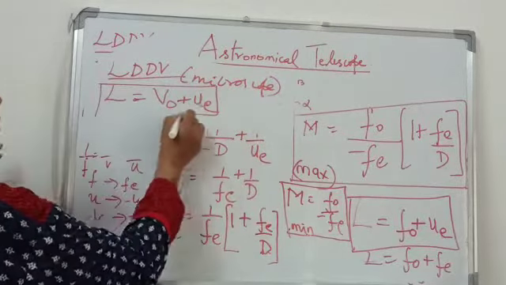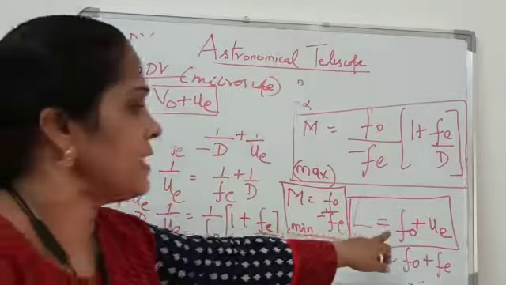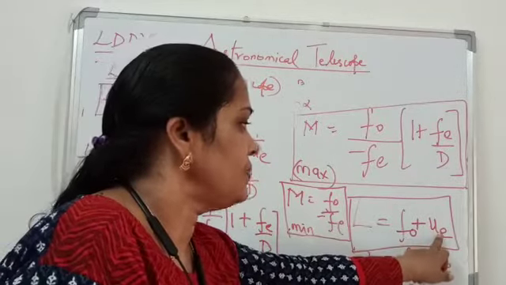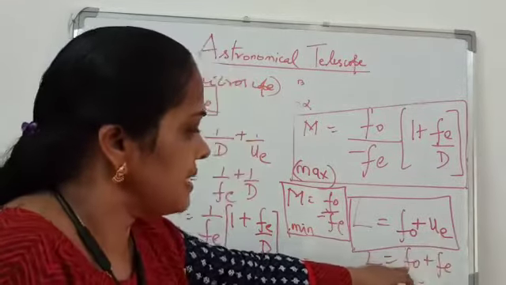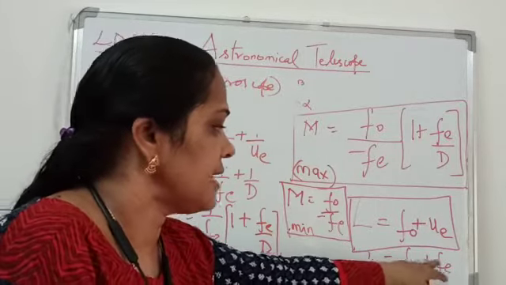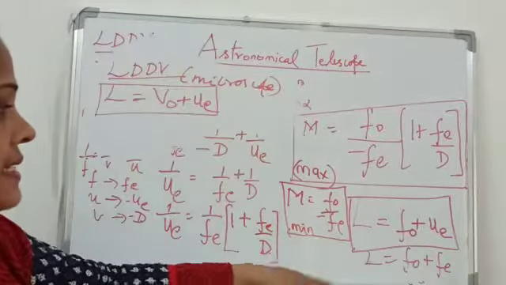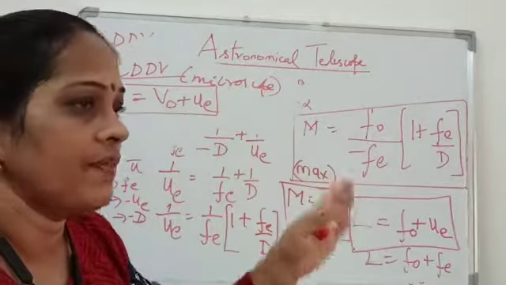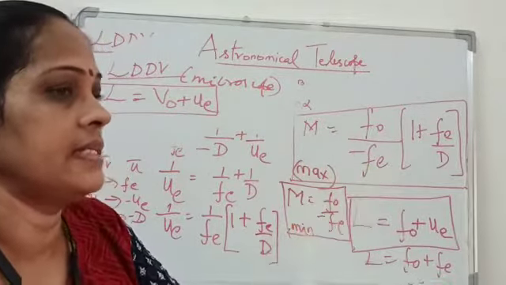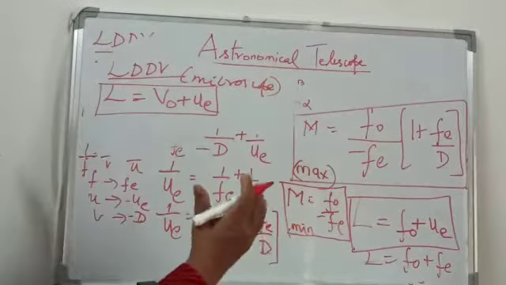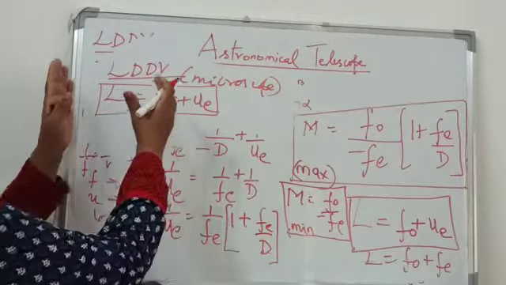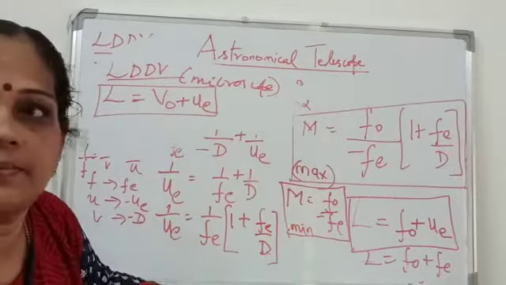So it is VO plus UE. So the image distance of the first lens plus the object distance of the second lens will give you the length of the tube, whether it is microscope or whether it is the telescope.